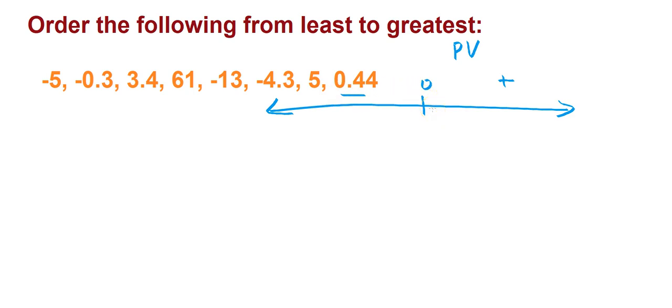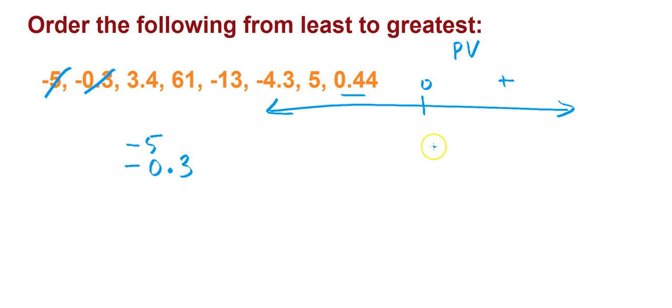So let's have a think. One way I would suggest that you do this is you separate these numbers into negatives and positives. So let's do that. We've got -5, and I would put these in columns. So -5, minus 0.3, so it's those two guys there.